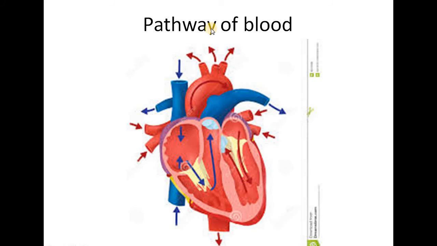Now this is the pathway of the blood. Okay, first of all, the blood is found inside your right atrium, and then it flows into your right ventricle, and it goes through the pulmonary artery into the lungs.